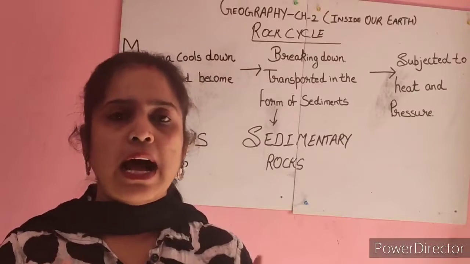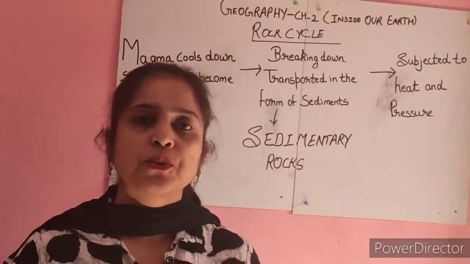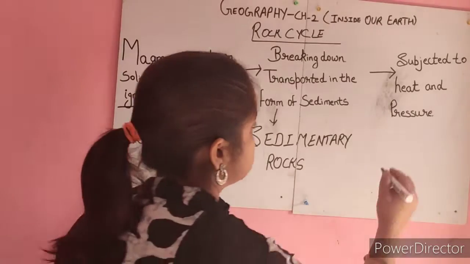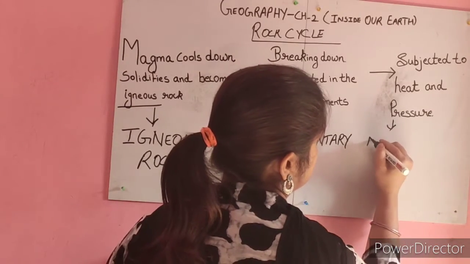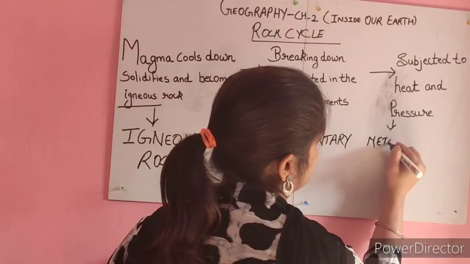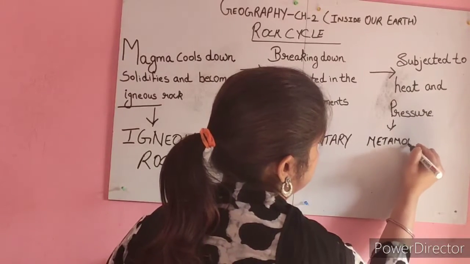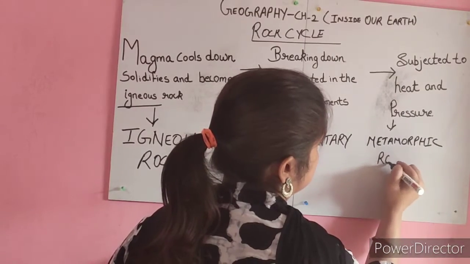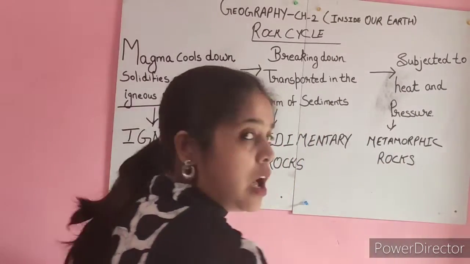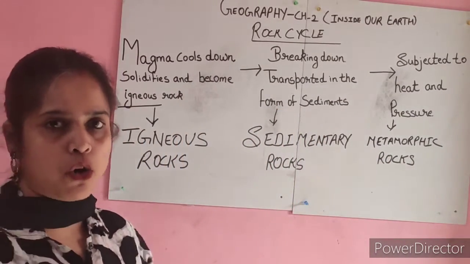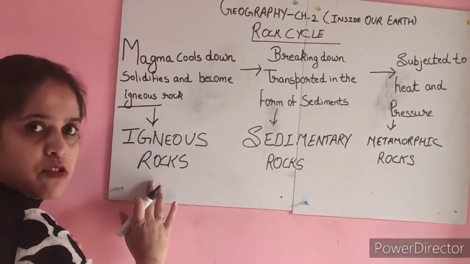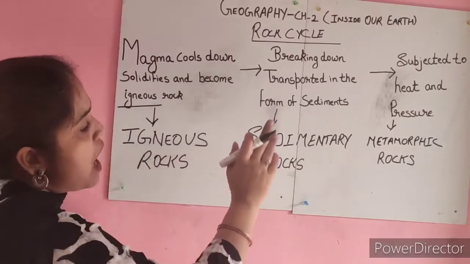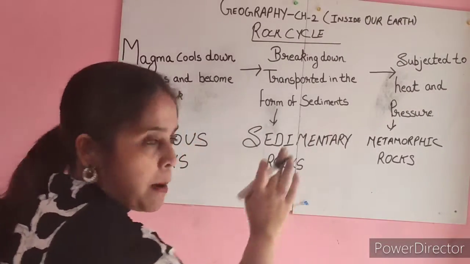That is, when high heat and pressure is given to either igneous or sedimentary rock, they form metamorphic rocks. So this much of the cycle you all know: how igneous rocks are formed, how we went from igneous to sedimentary, and how we went from sedimentary to metamorphic.